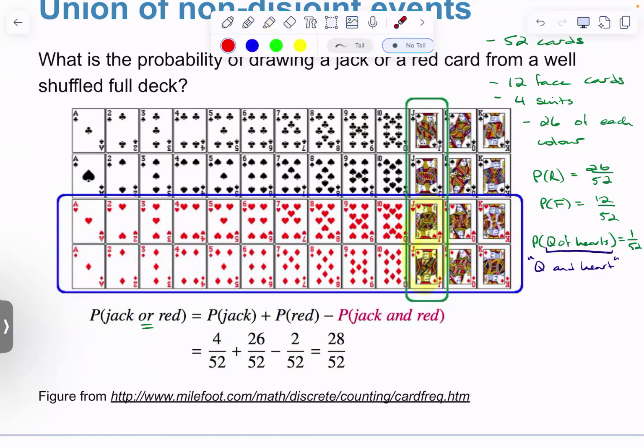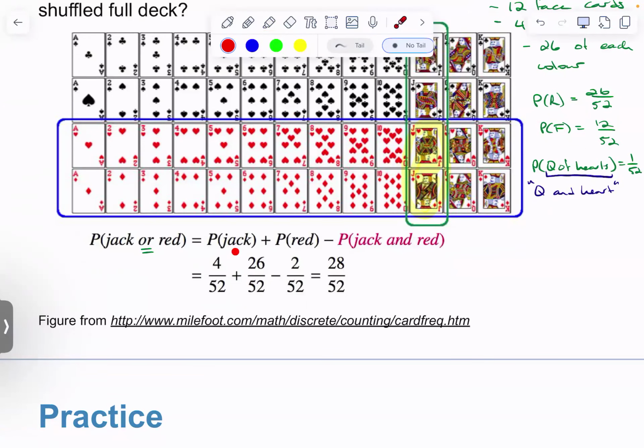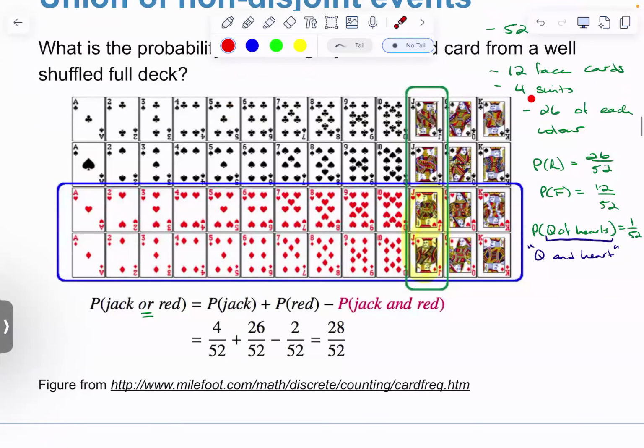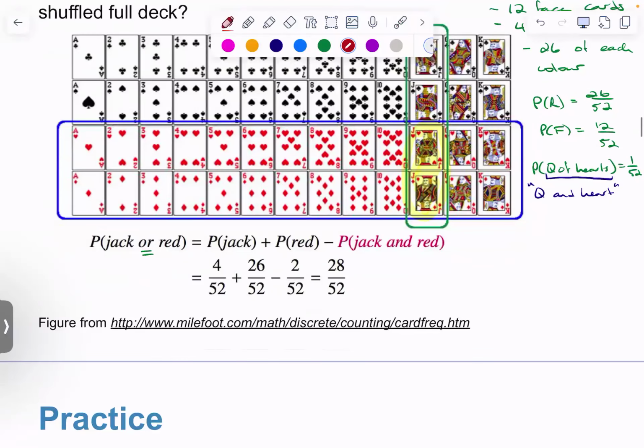So what we get is the probability of a jack, which we can write out as 4 out of 52, because there are 4 suits. The probability of a red, we said, is 26 over 52. And then what we have to do is subtract the overlap.